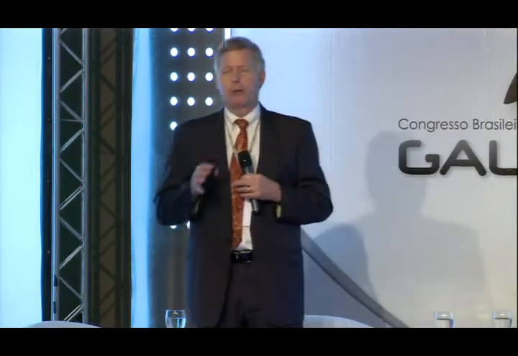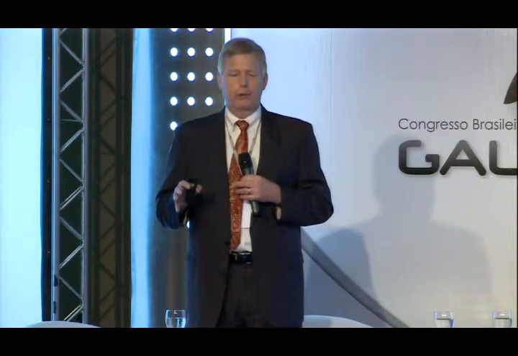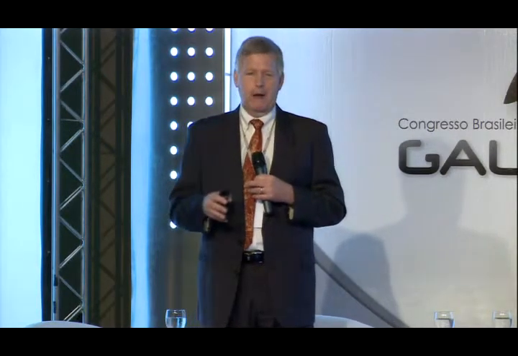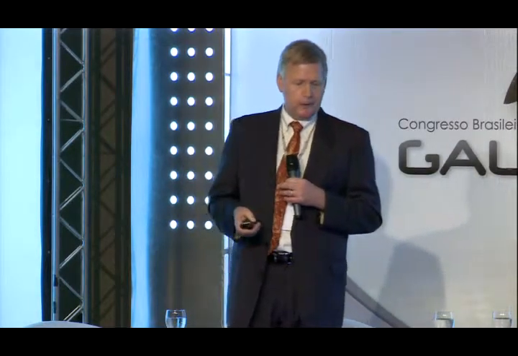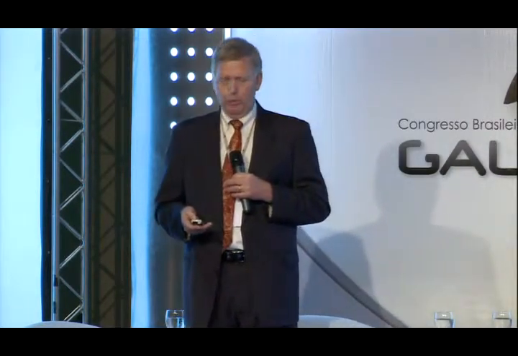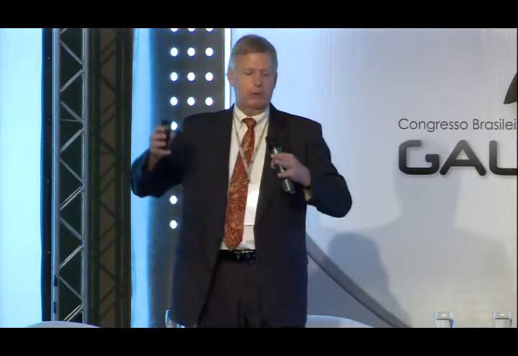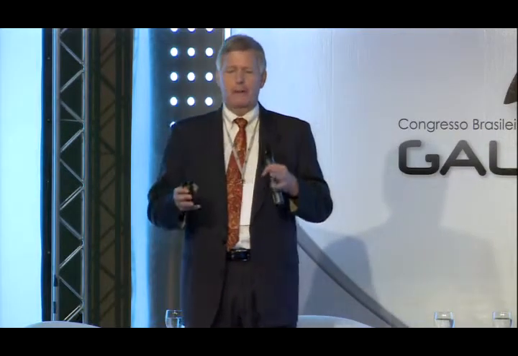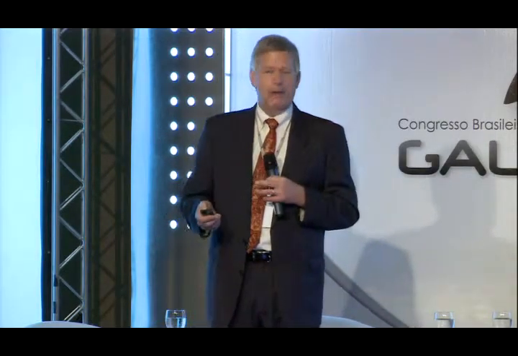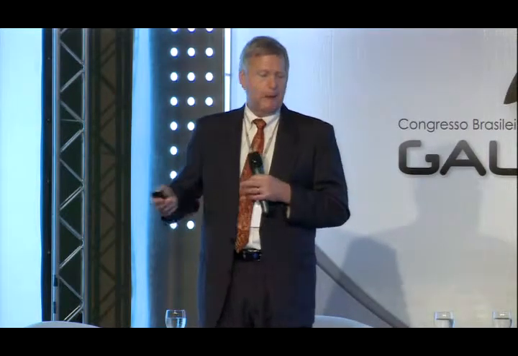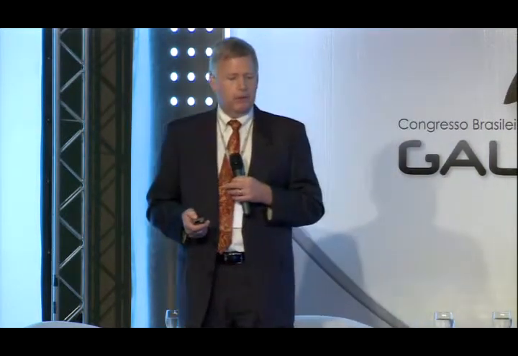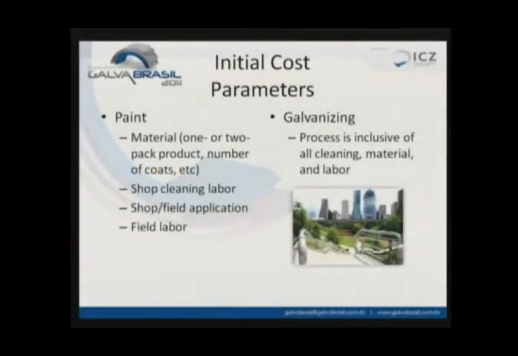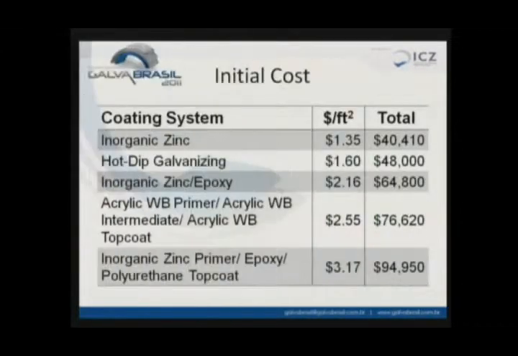So the basic assumption for the calculator is a project of 3,000 square meters, which is 30,000 square feet, in a moderately industrial environment with a usual mix of steel, some structural pieces, some tubes, some plate, the normal kinds of mix of square meters per ton of steel that would be galvanized, or alternatively that would be painted. So the paints that are used also enter into the calculation, and it includes all the labor, the preparation, and so forth that is needed to get the work to the customer.